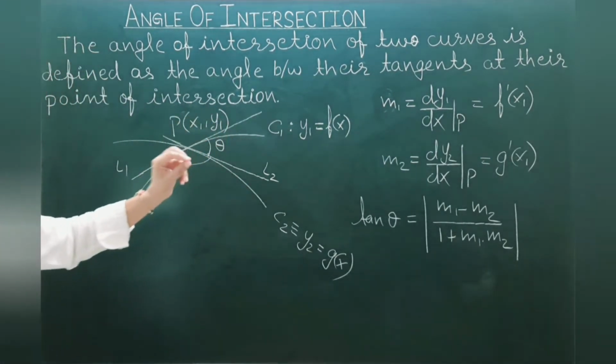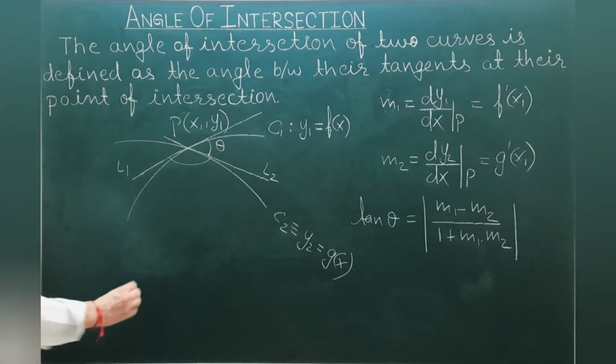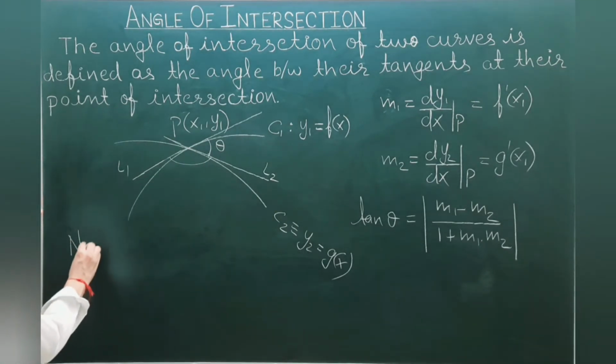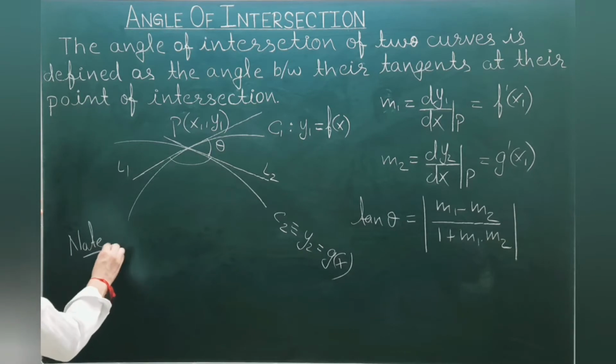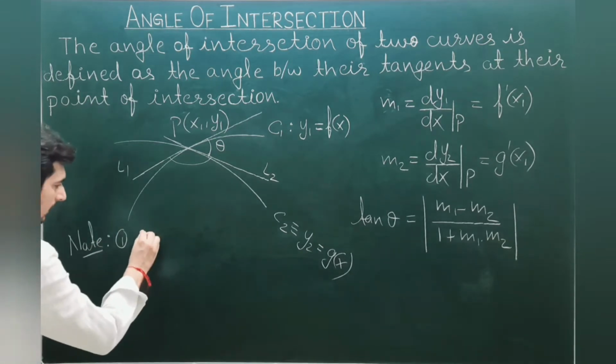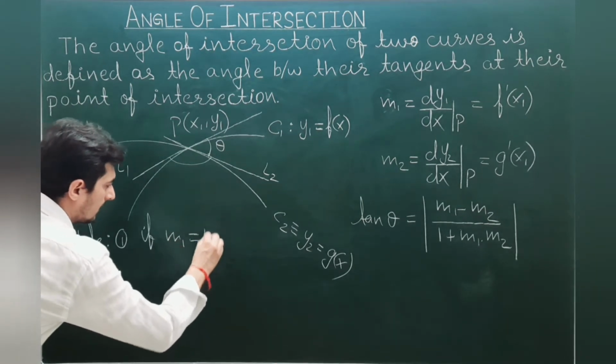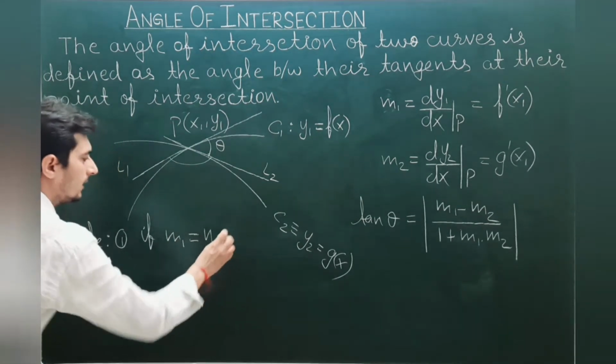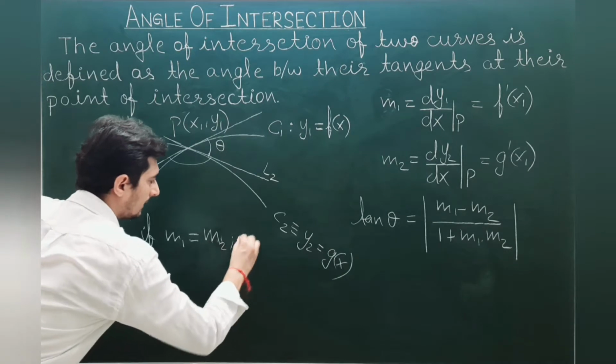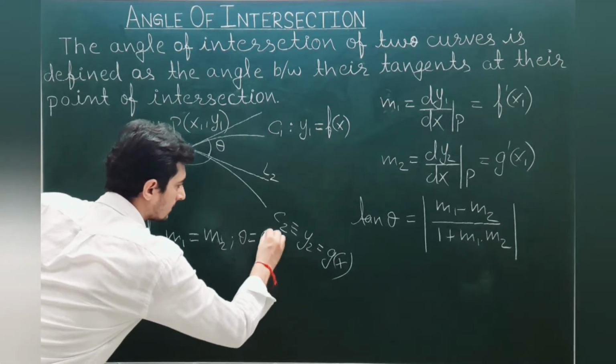Very small points you can note down here: if m1 equals m2, clearly it implies that the angle theta is 0 degrees.